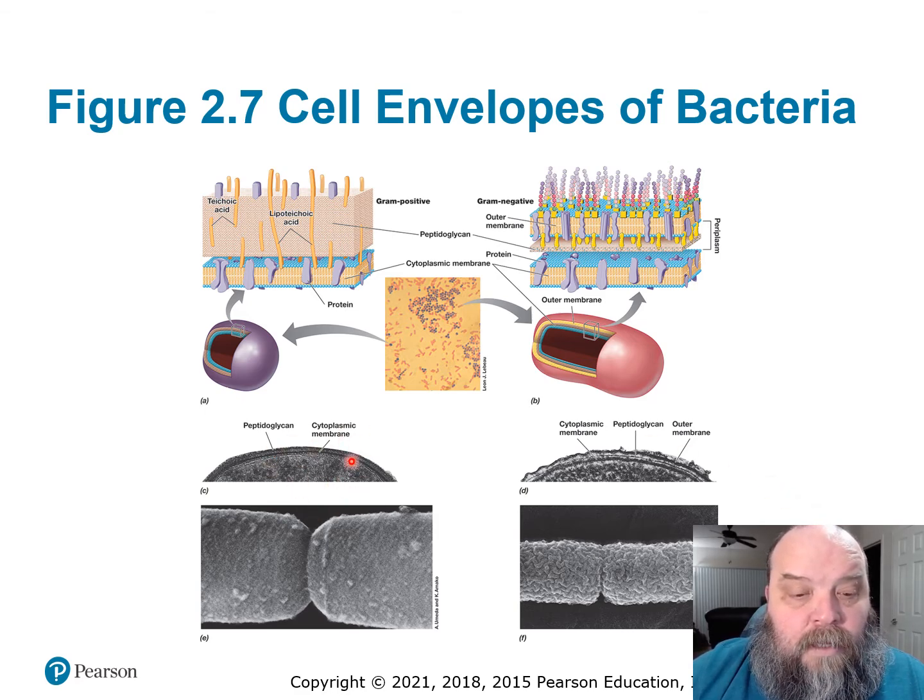If you look in the textbook, you can see that they have taken electron micrograph pictures of these to show that thick peptidoglycan layer, that thick cell wall of gram positives. And then you can barely make out the line in gram negatives, but you can clearly see dual membranes.